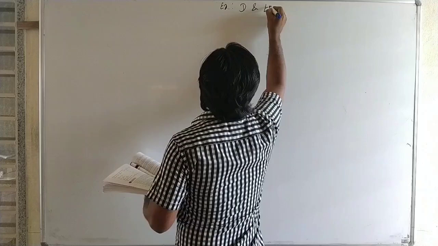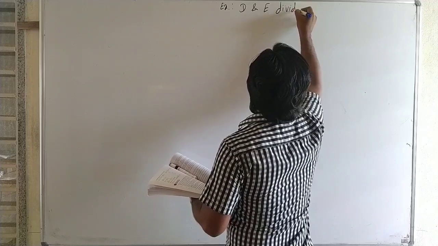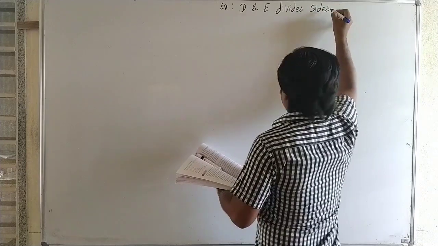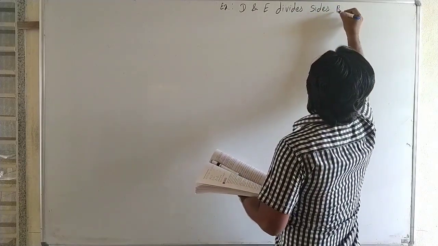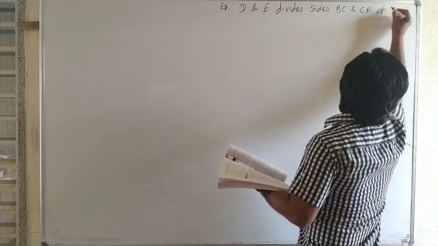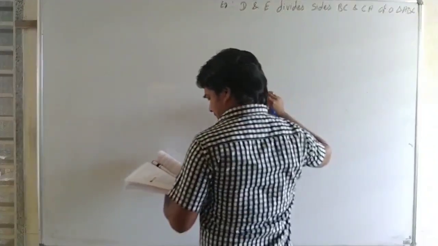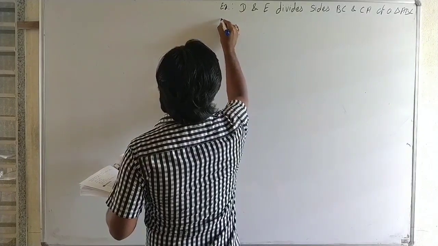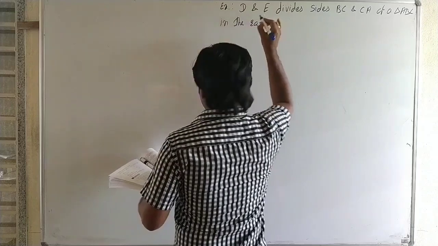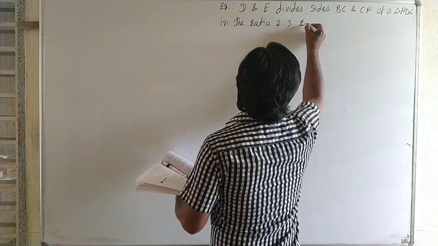D and E divide the sides BC and CA of a triangle ABC in the ratio 2:3 respectively.